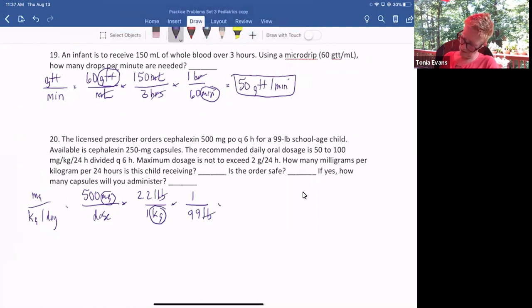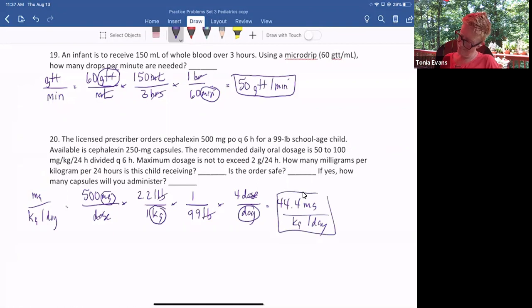Let's see, and I need to get rid of dose, and I've got every 6 hours, so 4 doses per day. 500 times 4 divided by 99 equals 44.4 milligrams per kilogram per day.